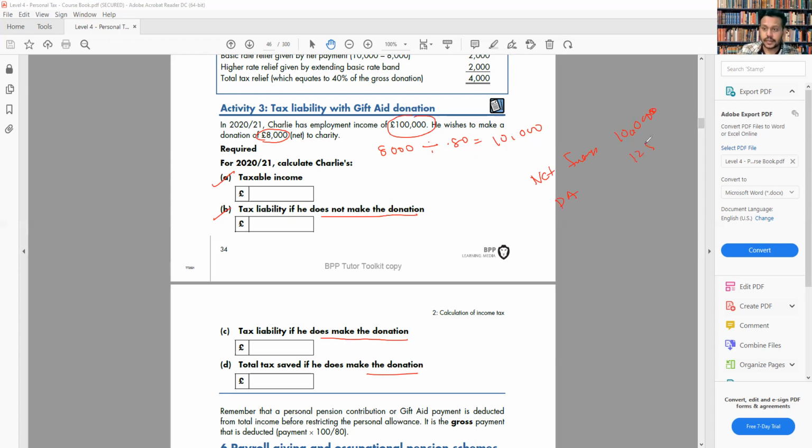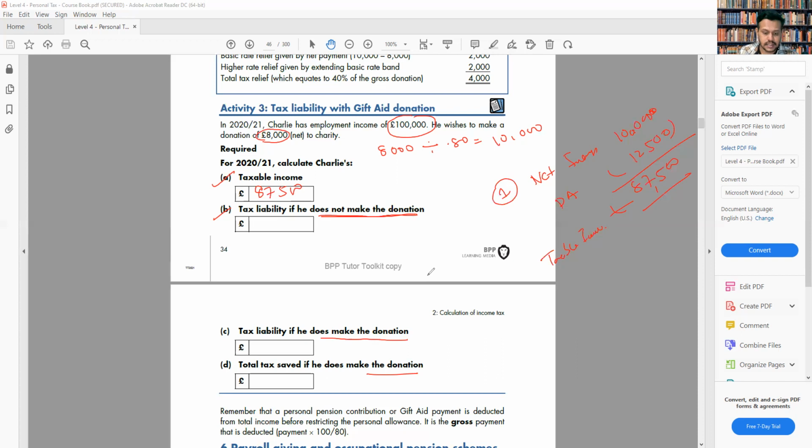So you get the full personal allowance, 12,500, and that is 87,500. This is the taxable income. Just minus the personal allowance from the employment income. That's it.